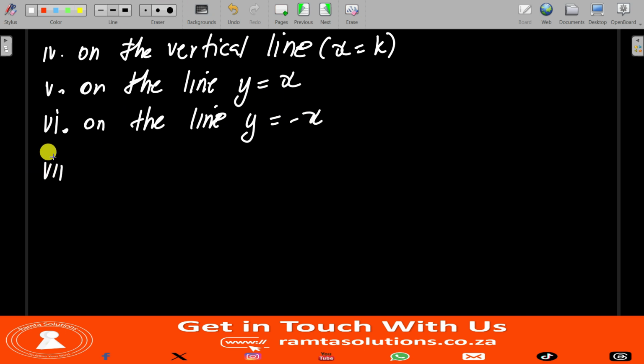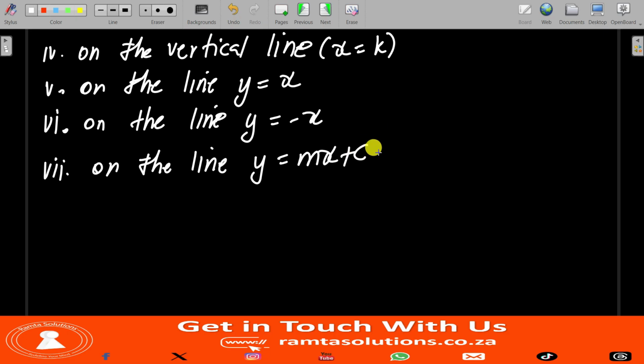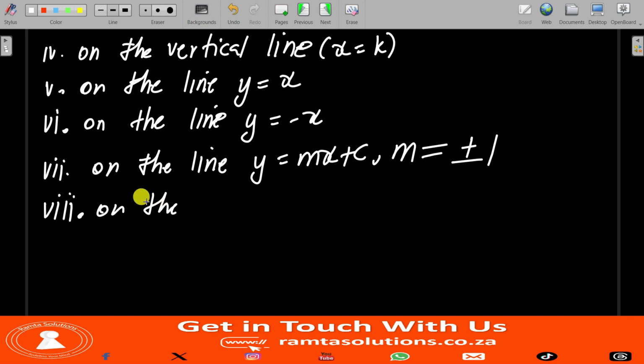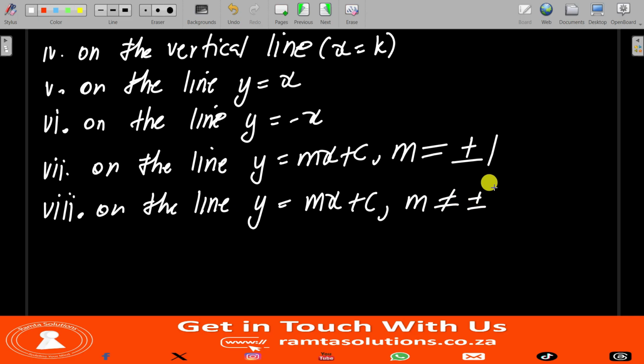The seventh one will be on the line y equals mx plus c, but here m will be equal to plus or minus 1. The last one, the eighth one, will be reflection on the line y equals mx plus c, but the gradient is no longer equal to plus or minus 1.